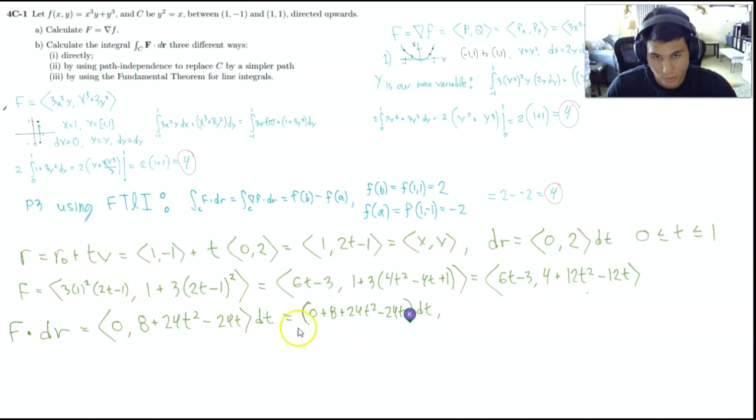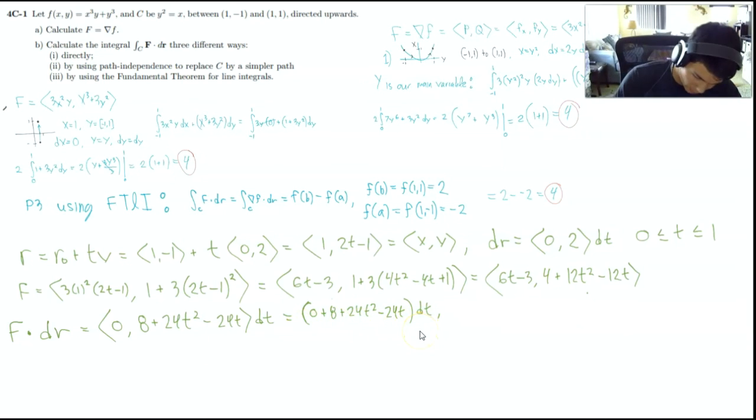The reason why I did that, I want to show you that that is our integrand. So now when we actually do our integration, remember, this is our bound, because we're using a vector function, 1 to 0. And I'm going to factor out an 8 here, because all this has 8.